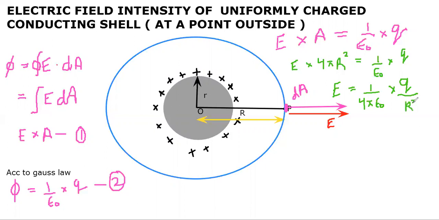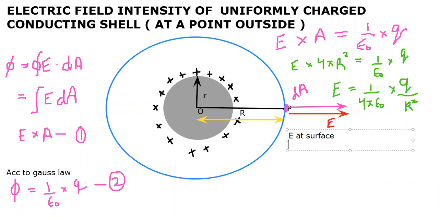Now let us talk about the cases. For example, I want to find electric field at the surface. So for surface, that means not here, I want to find at this surface. For this surface, see, the value of capital R becomes small r because O till surface is small r.